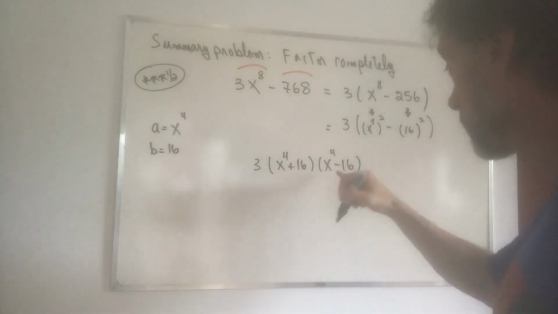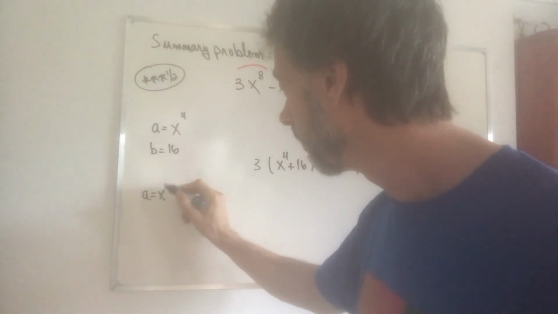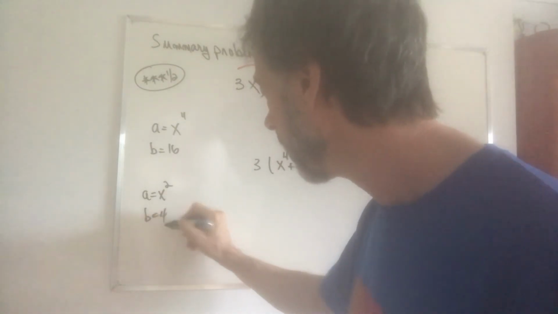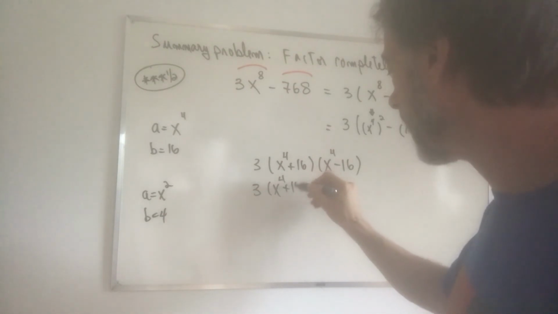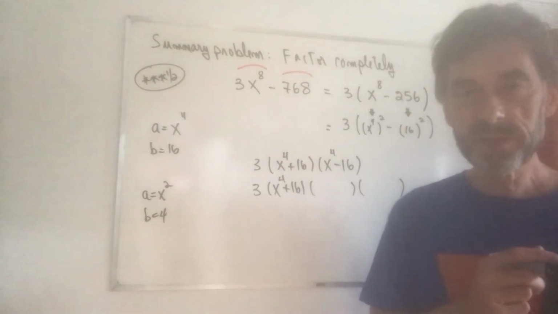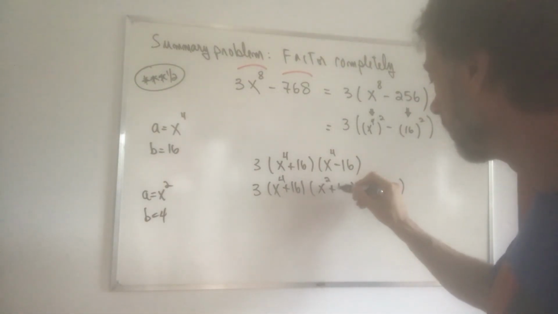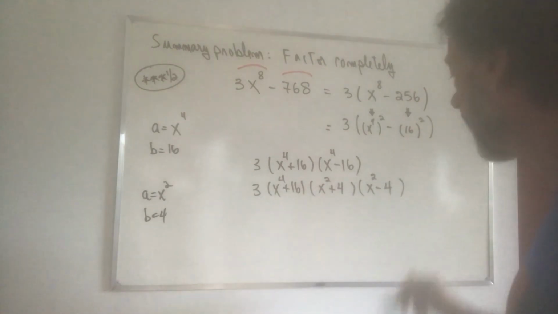So that would be the square of what? x^4 would be the square of x squared, while 16 would be the square of 4. So now this stays, but this is the one you know well. So x^4 minus 16, difference of squares, x^2 plus 4 and x^2 minus 4.